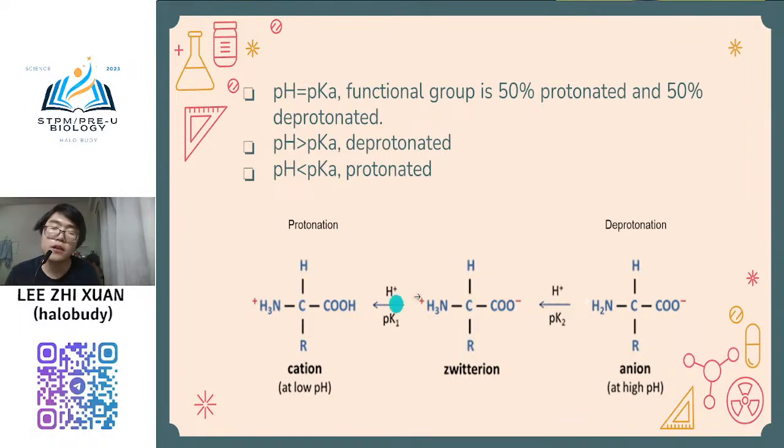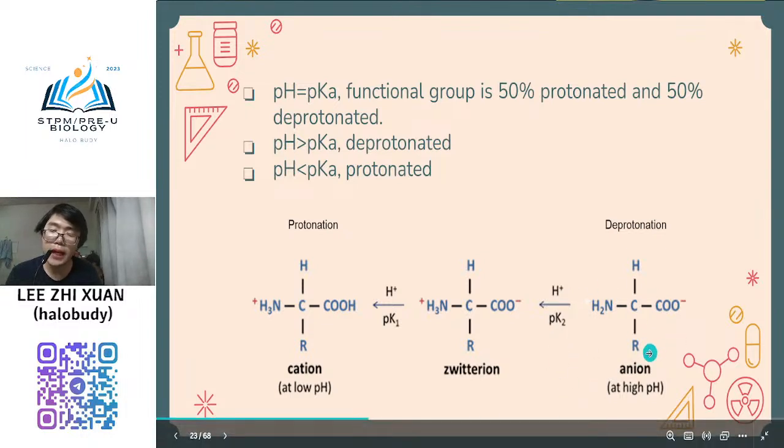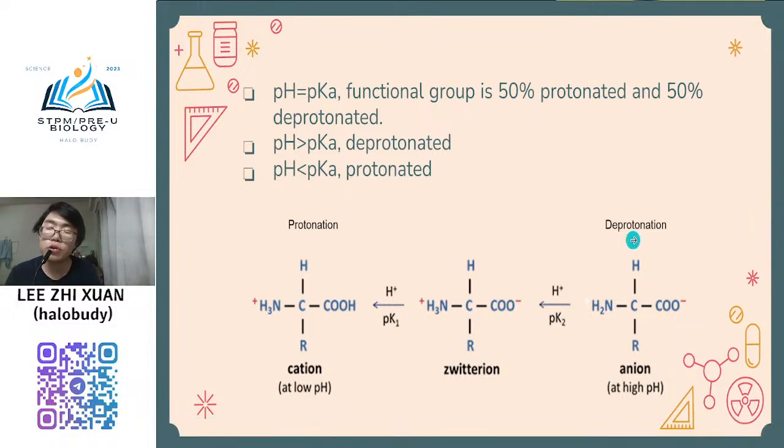But if you increase or decrease your hydrogen ion concentration, at high pH, meaning your hydrogen ion is very low, deprotonation will happen. Deprotonation means they will only release the hydrogen ion.